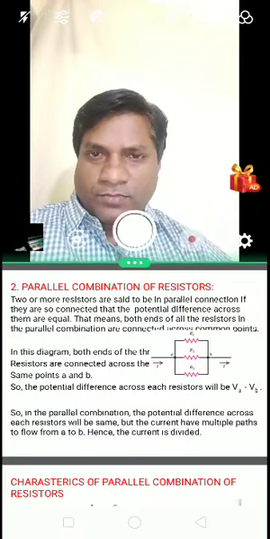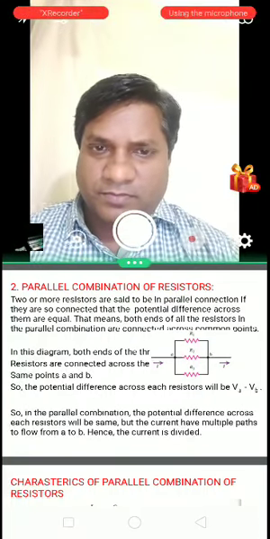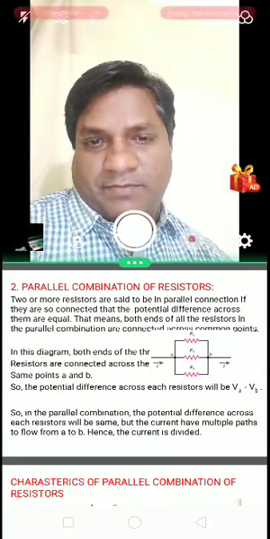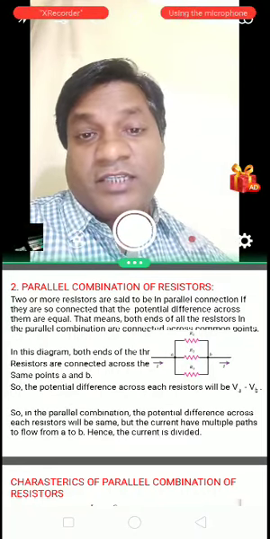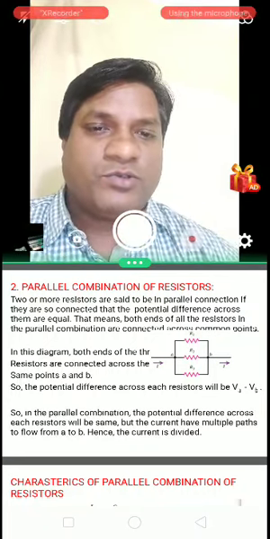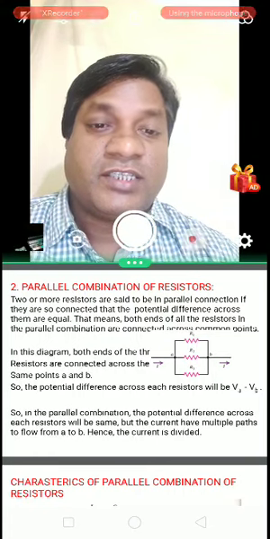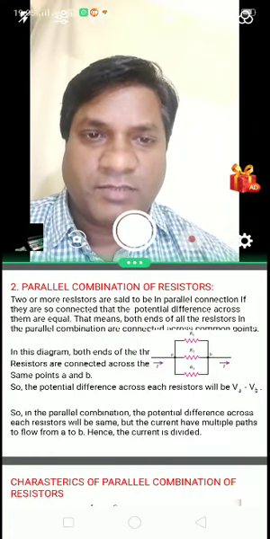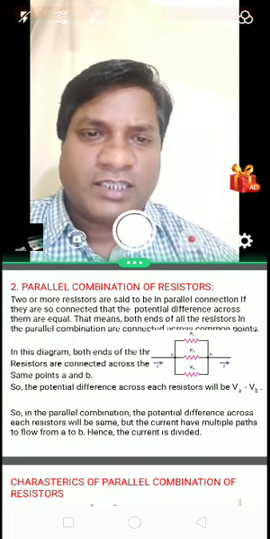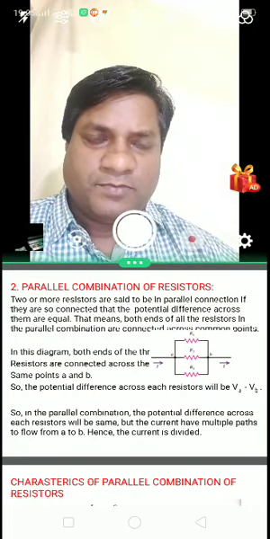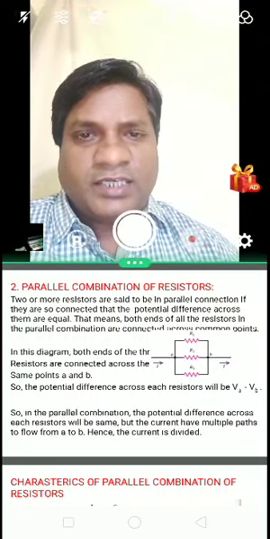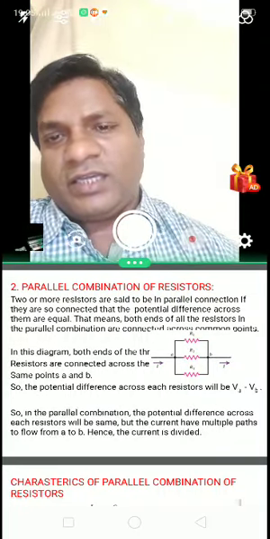So in parallel combination, the potential difference across each resistor will be same, but the current has multiple paths to flow from A to B. So the total current in the circuit is divided into three parts because there are three alternative paths. It's just like water coming through a wider pipe, and then it is divided into three houses.